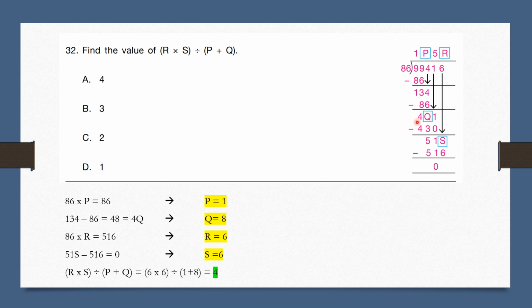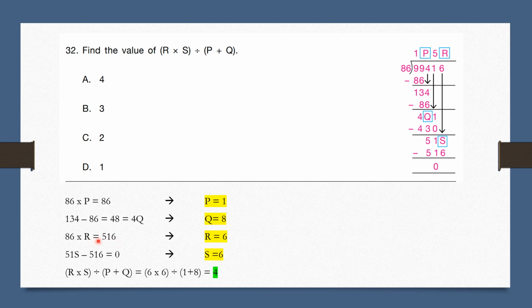This will become 481. Then 481 minus 430 equals 51. Now we will bring the S down. So S is 6, which we are bringing down. So the S value is 6. Now 86 times R equals 516.